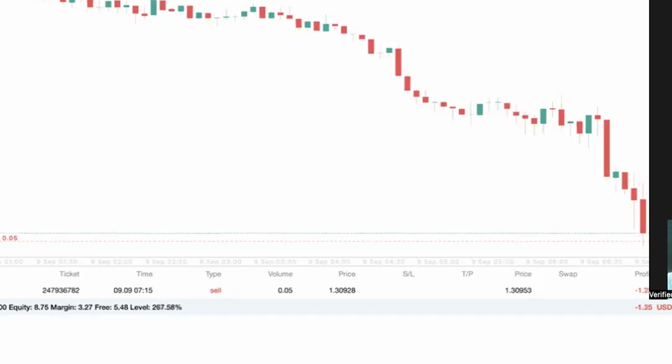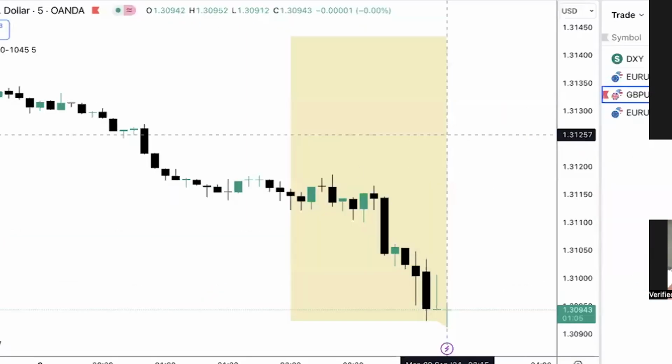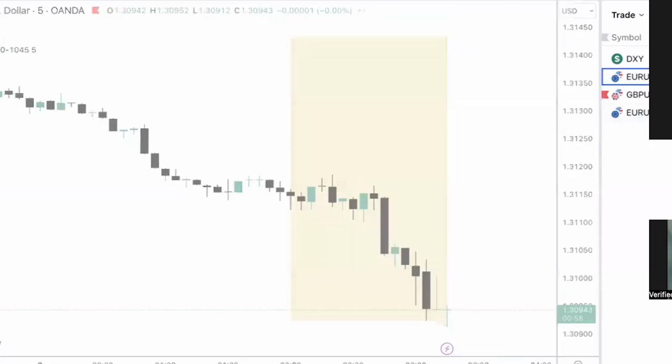Okay, and it's very normal if you are bullish on Euro USD to be bullish on GBP USD as well. So that is why I didn't even bother to take a look at GBP USD. It's a very late entry, and you can see there's no stop loss. Of course, if you want to flip an account, you shouldn't be thinking about stop loss. Okay, very late entry, very wrong entry.